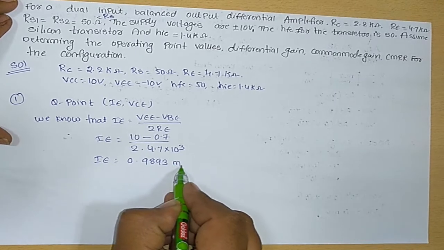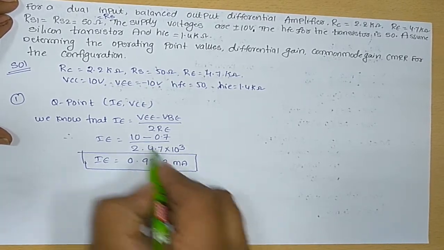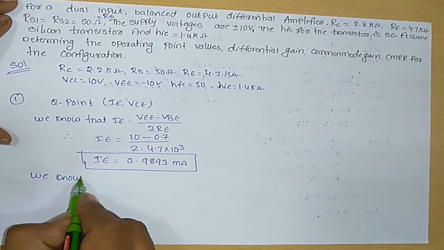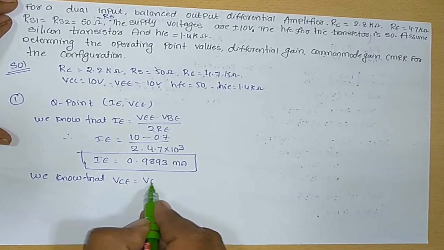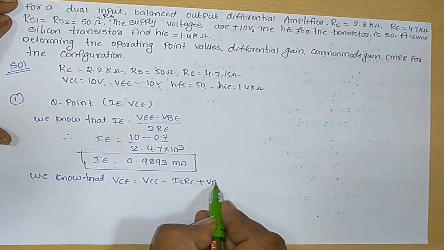Now simplifying all these values, we get the emitter current IE equal to 0.9893 milliamperes. Next we are estimating the VCE. We know that VCE equal to VCC minus ICRC plus VBE.